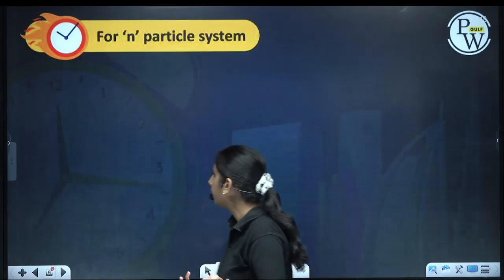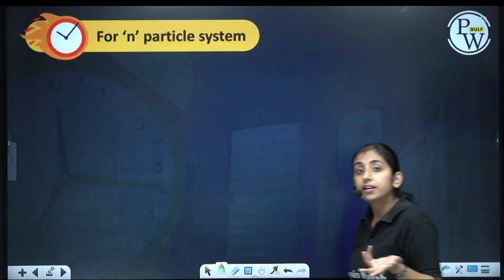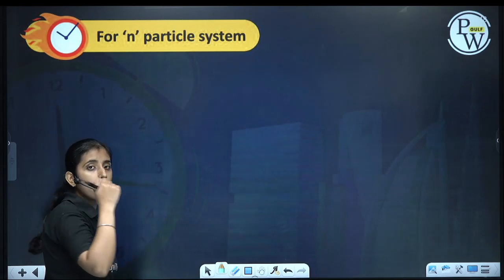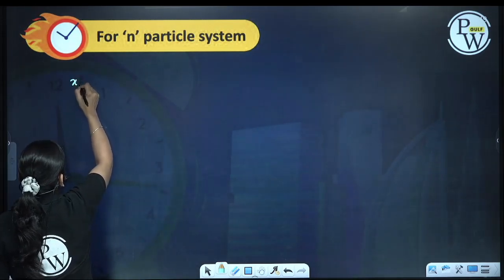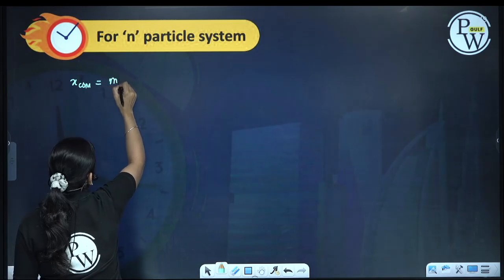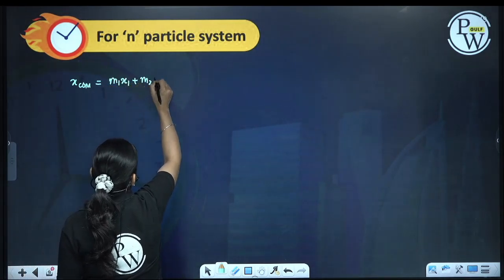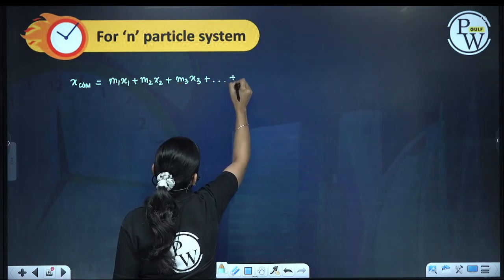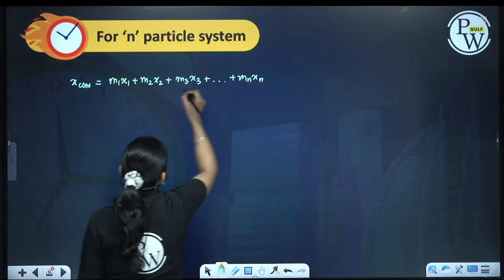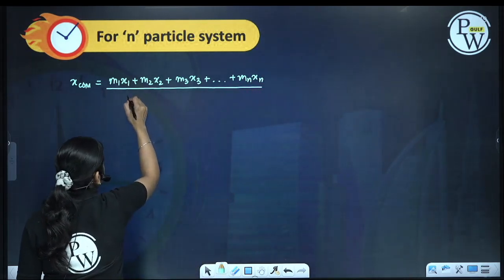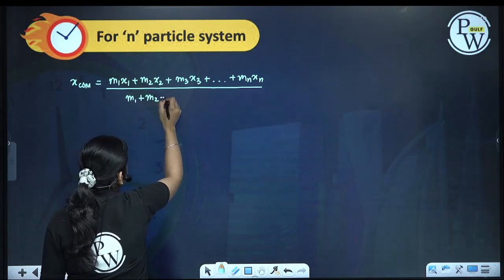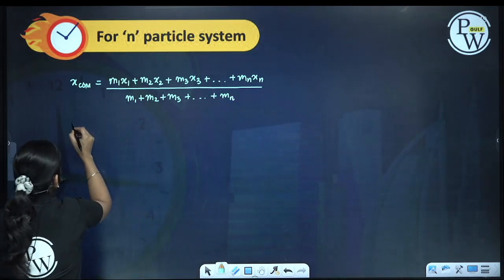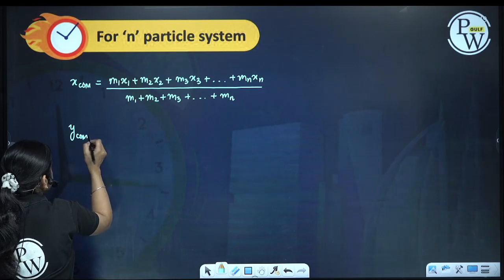Next, if we have n particles, m1, m2, m3, up to mn, then xcom will be m1 into x1 plus m2 into x2 plus m3 into x3, up to mn into xn, divided by m1 plus m2 plus m3 up to mn, and similarly ycom.